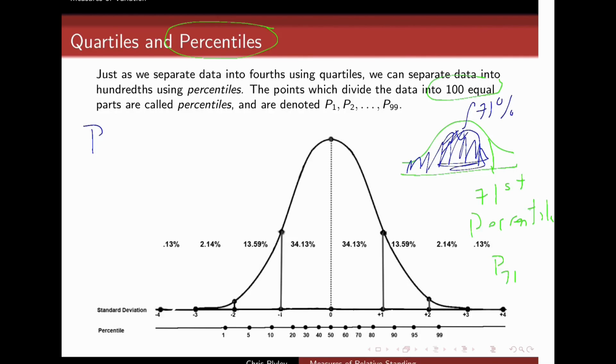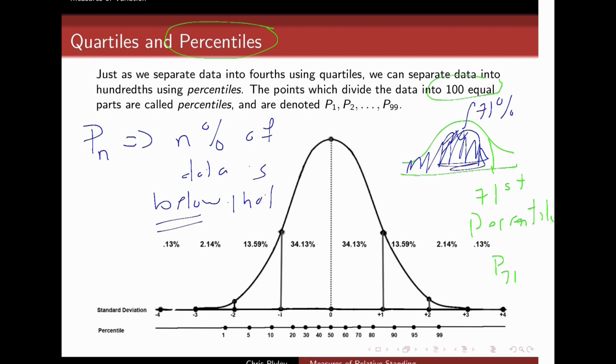So the percentile Pn, what this point means is that whatever that subscript is, that many percent of the data is below that point. And of course, another way to think about it is that 100 minus n percent of the data would therefore be above that point.